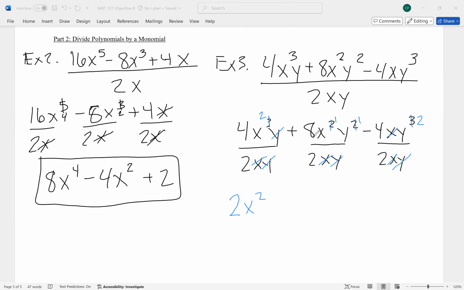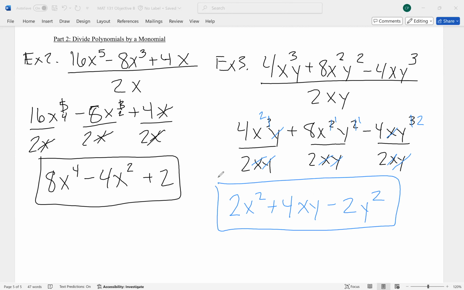Then we have 8 over 2, which is going to be plus 4. We have an x and a y left. And then we have minus 4 over 2, which is going to be negative 2. And we have a y squared left. Okay? And that is how you do that one.